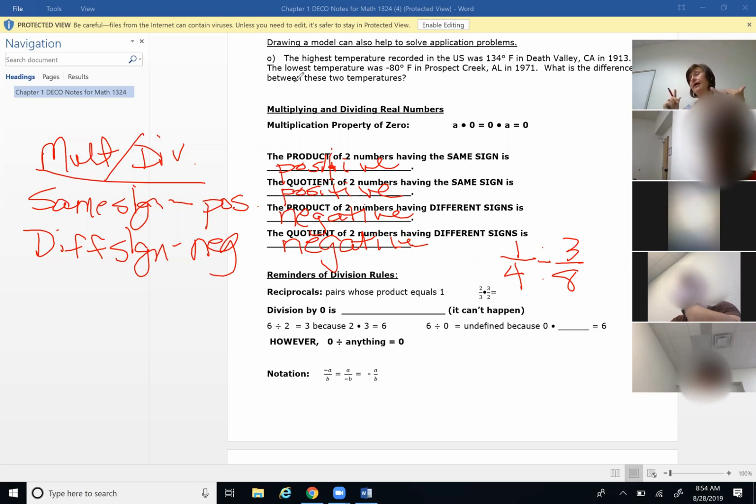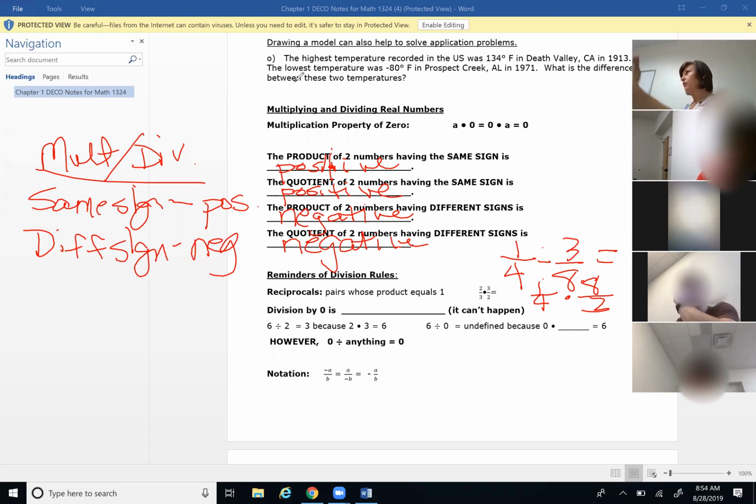But if I am multiplying, I look for things that I can reduce down, common factors. If I'm dividing, I have one little extra step first. I have to leave, change, flip, and that would turn this into 1/4 times what? Instead of 3/8, it's 8/3. And then I can solve my problem because I've turned it into a multiplication problem.